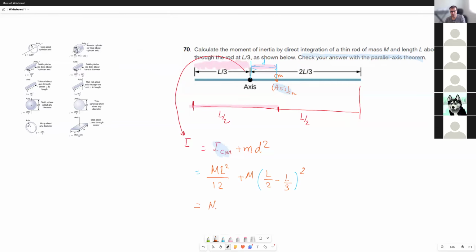So that's going to give you ML squared divided by 12 plus m times L over 2 minus L over 3, which gives you L over 6, right?